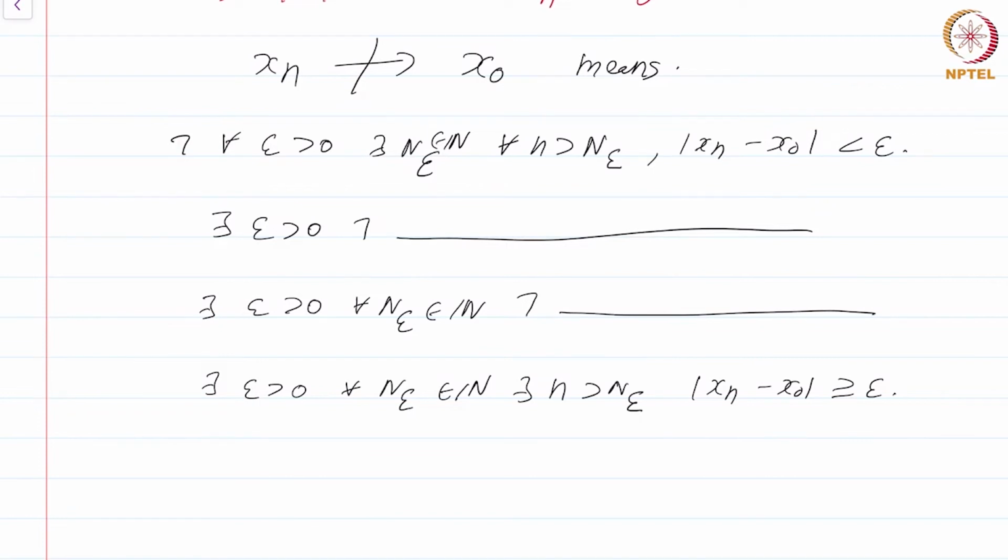So that merely says there is some epsilon such that, no matter how far along I am in the sequence, that's the role of n_epsilon, no matter where I am beyond n_epsilon, there is always some other term greater than n_epsilon that spoils the day. So this is what the negation of the definition of x_n converging to x naught says.